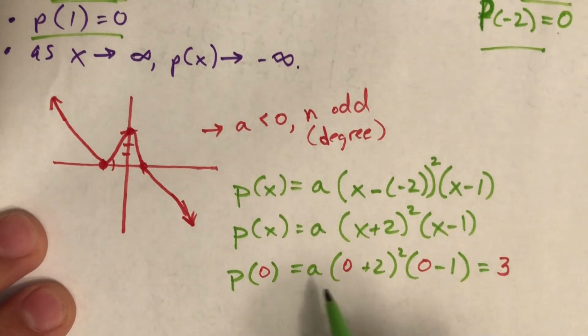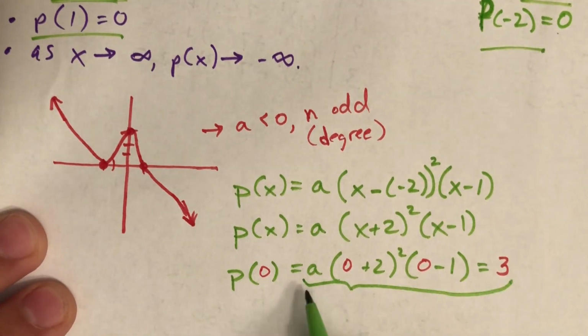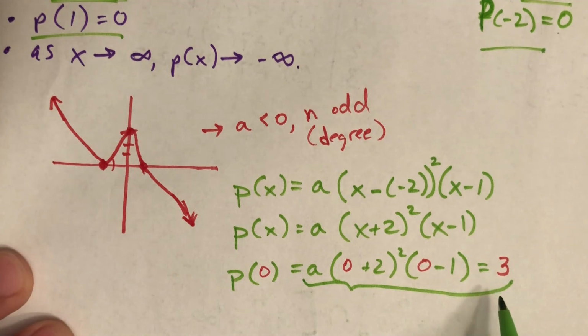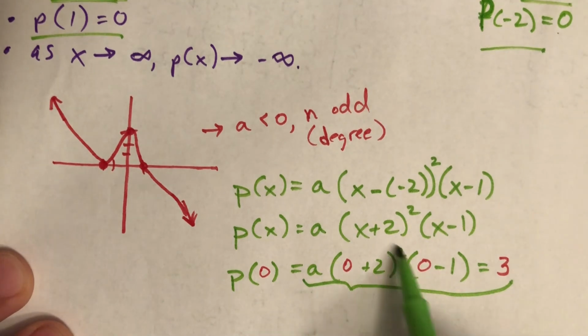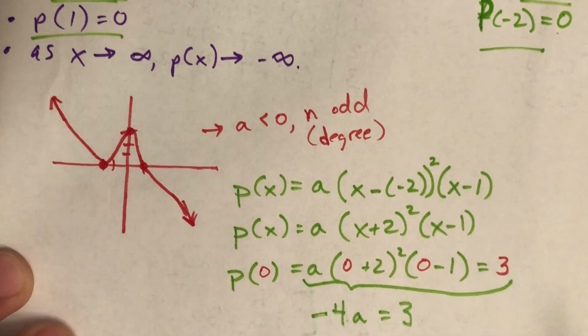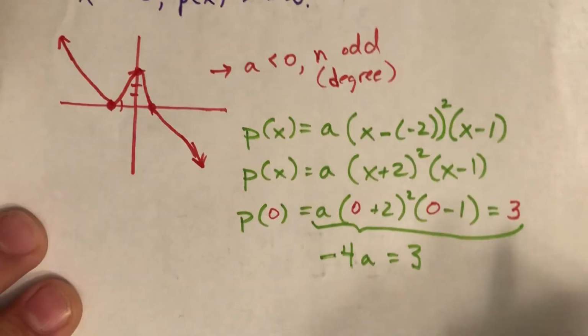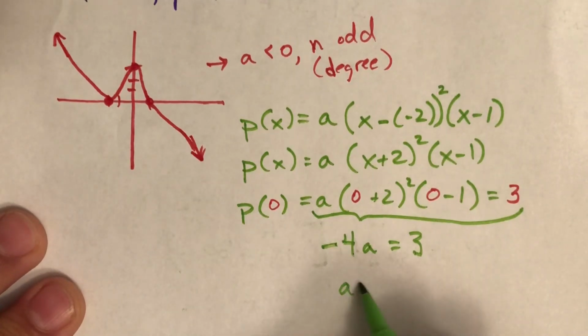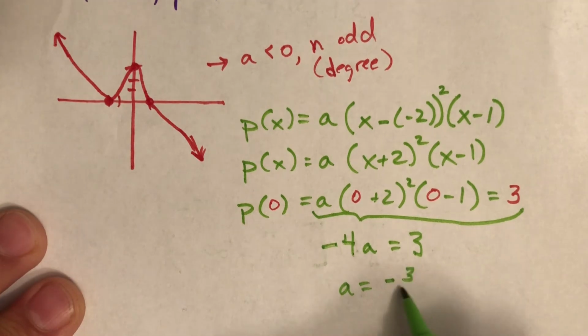Conveniently, this is now an equation that must be true, so we can solve it for a. We've got 2 squared, that's 4. We've got a negative 1 times 4, so that's negative 4 times a equals 3. Now a is equal to negative 3 over 4, since we divide both sides by negative 4.